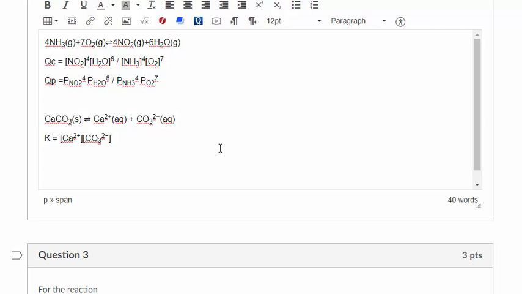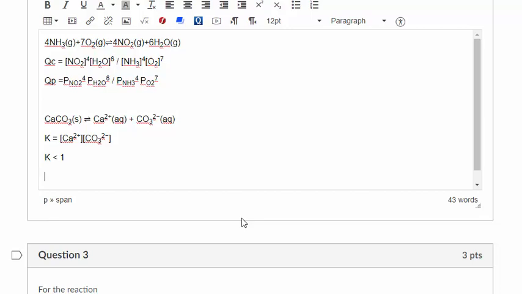We have just the coefficients of 1 for our stoichiometric coefficients, so we don't have any superscripts to show. Now we don't have a concentration for our solid, because as long as it's solid, it doesn't change. Now our K value is going to be less than 1, and that's because the calcium carbonate, and you would need to type this out, the calcium carbonate is considered insoluble.